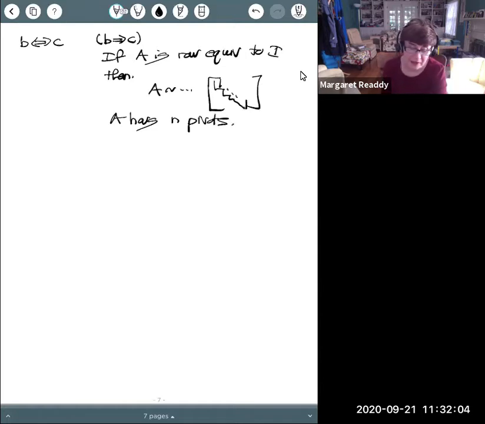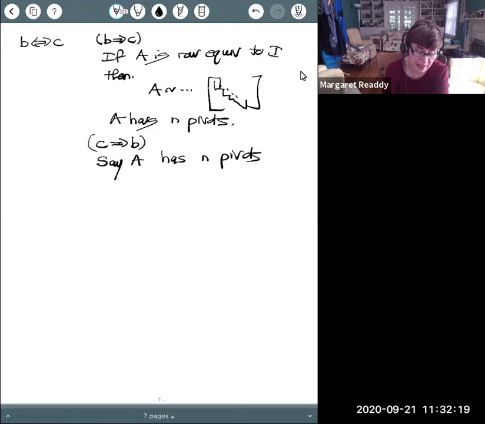And the converse would be to show that if you have n pivots, then you're row equivalent to the identity. So say A has n pivots. Remember, A is n by n, right?